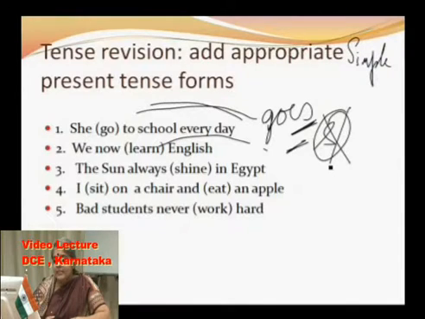The 4th sentence, I (sit) on a chair and (eat) an apple. You have got 2 verbs to write here. 5th sentence, bad students never (work) hard.